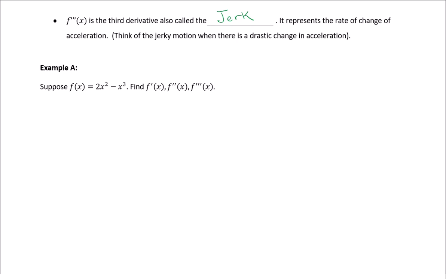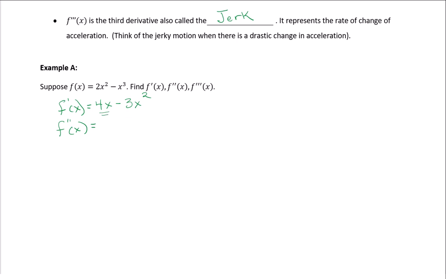So let's find the first three derivatives of this function where f of x equals 2x squared minus x cubed. The first derivative would be 4x minus 3x squared. The second derivative is merely the derivative of the first derivative, so we'll do it again.